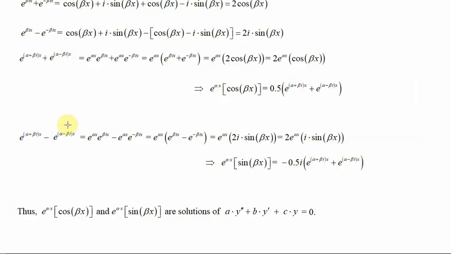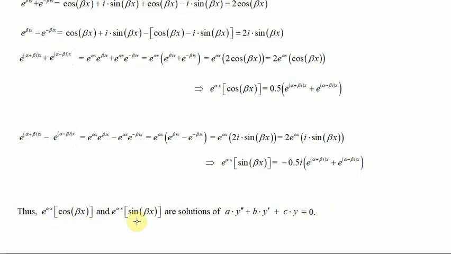And as shown a few minutes ago, this linear combination here is a solution of the linear homogeneous differential equation. Therefore, e to the alpha x sine beta x is a solution of this linear homogeneous differential equation. And therefore, we have just shown that e to the alpha x cosine beta x and e to the alpha x sine beta x are solutions of this differential equation.